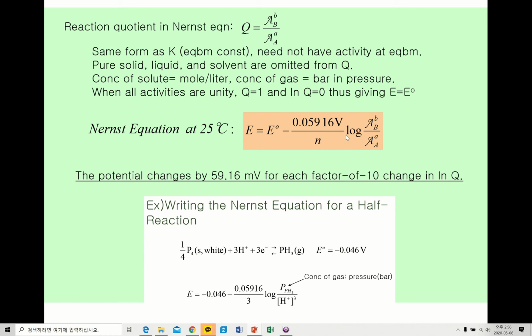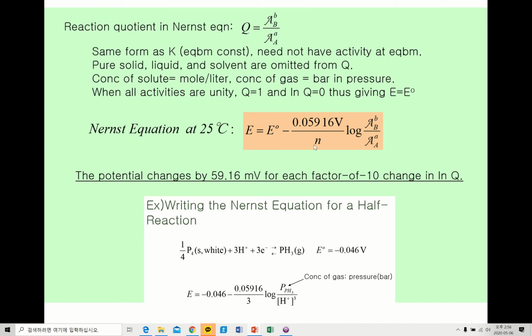In that condition, the Nernst equation becomes E equals E0 minus 0.05916 volt divided by n, times log of this ratio.